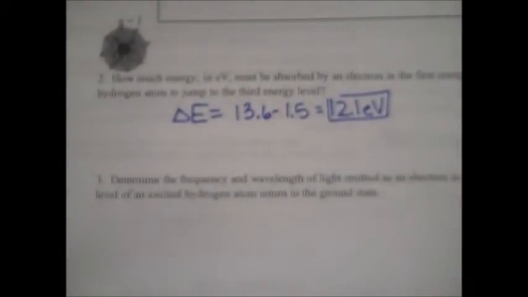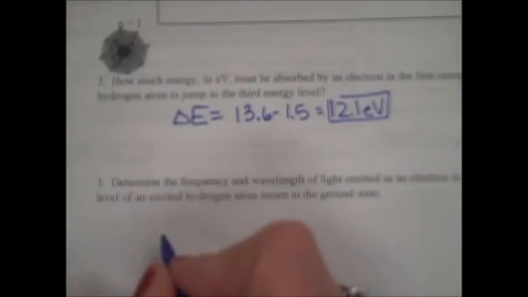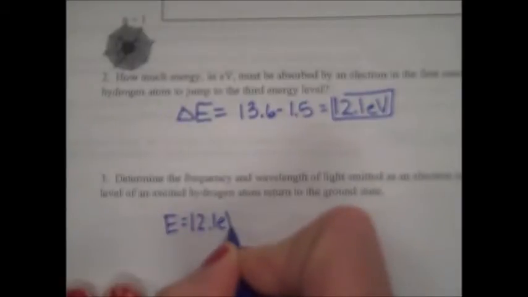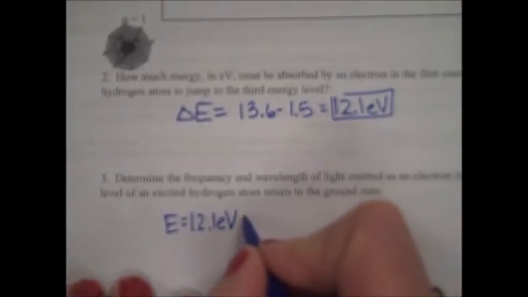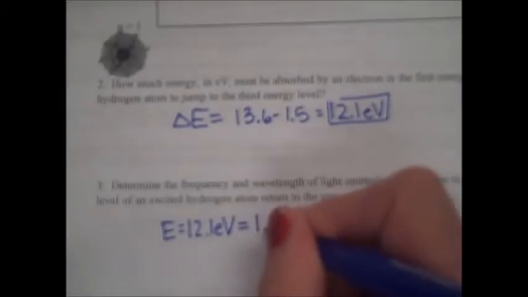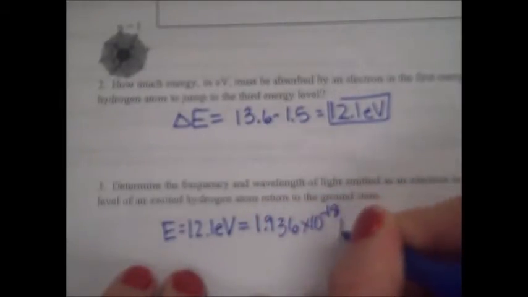Determine the frequency and wavelength of the light emitted as the electron in the third energy level returns to the ground state. So we know it's got an energy of 12.1 electron volts, and that would be equal to 1.936 times 10 to the minus 18 joules.